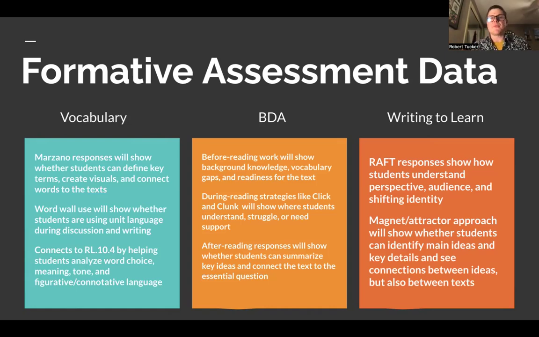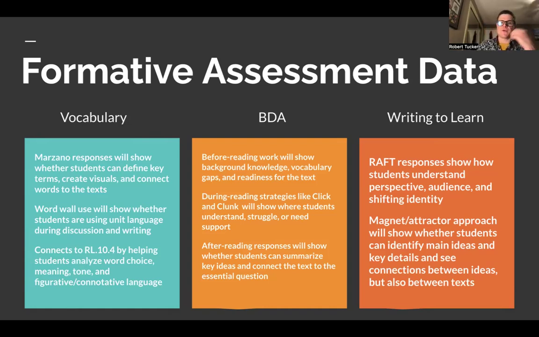The before, during, and after reading comprehension strategies, the CSR, will really go a long way in helping me assess whether students are understanding the text that they're reading, as well as assess their ability to discuss these concepts, right?